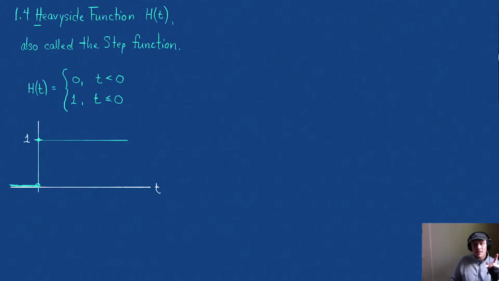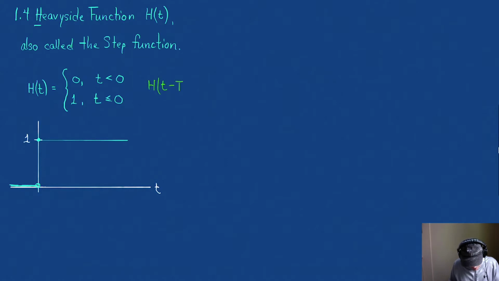Like maybe we want the equation to start at time 0, but we want the Heaviside function or the step function to happen a little later in time. Well, we can do that just as easily, and that's probably best done in a different color, like maybe this pretty green, so we can see this. What we can do is take the Heaviside function, h of t, and shift it.